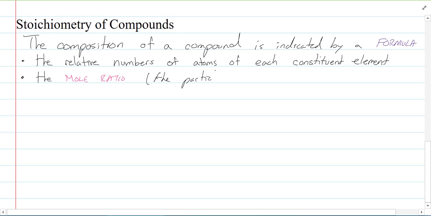And that particle ratio is very important.